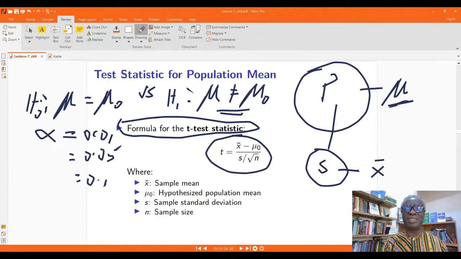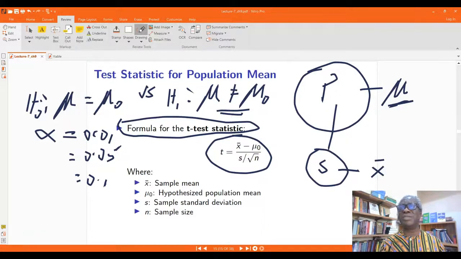The only thing that is different with the Z statistic here is that this S, which is the sample standard deviation, has replaced the population standard deviation.